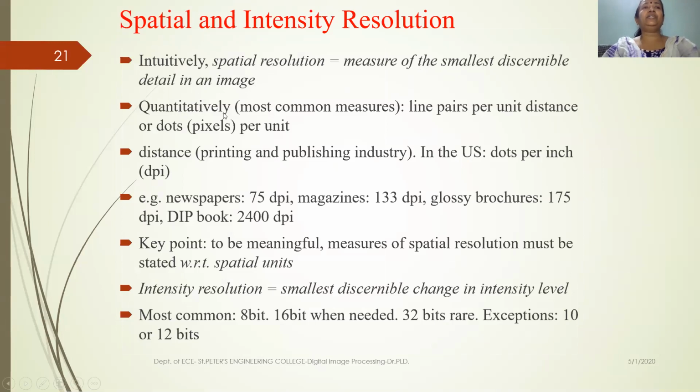The most common quantitative measures are line pairs per unit distance or dots per unit distance. In general, we can measure in terms of this, that is dots per unit. Dots per unit, if represented on images, shows how you give importance to improving the quality of that particular image.